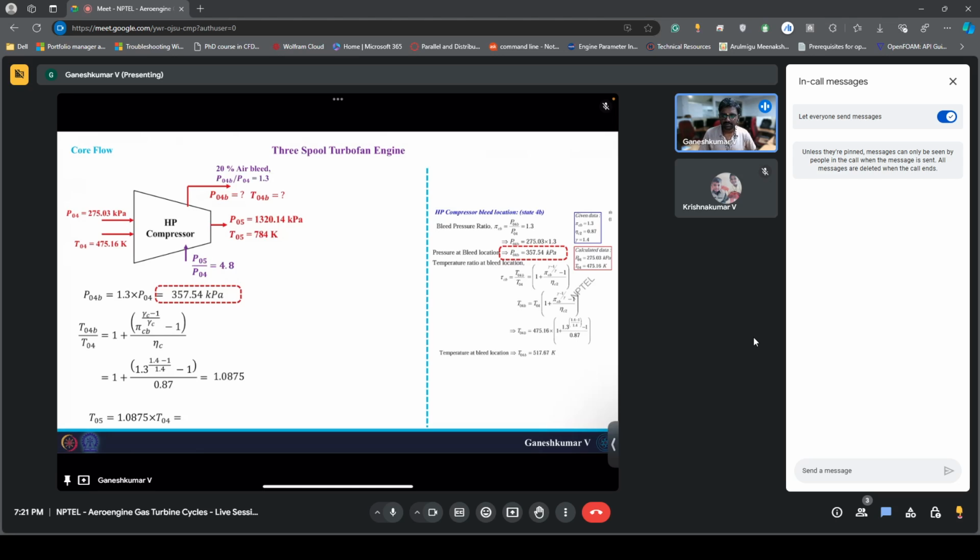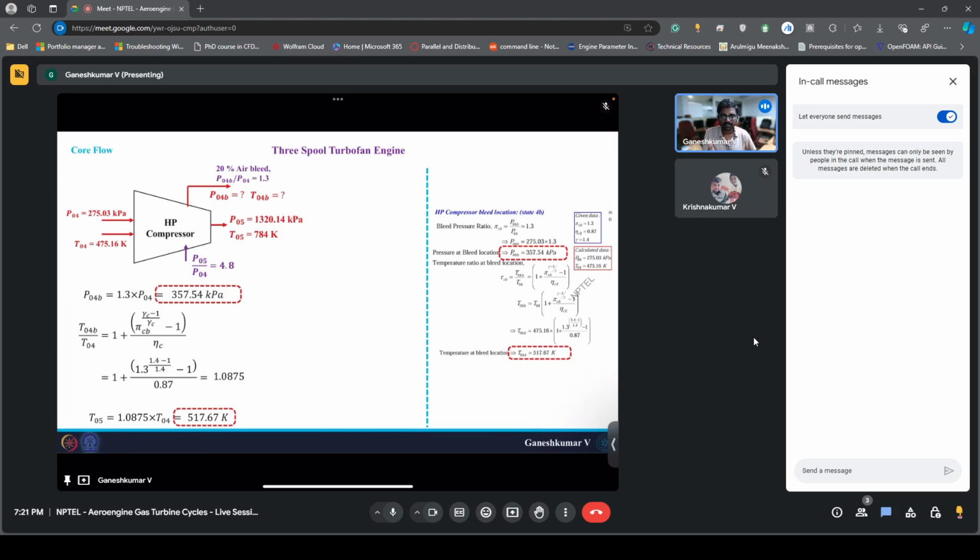So if you substitute these numbers, you will end up having the same bleed temperature and pressure, because whether you increase the air bleed or not, the location where you are taking the air out is going to be the same. Okay, all right. So these are the major differences. So till now there is in fact no difference.